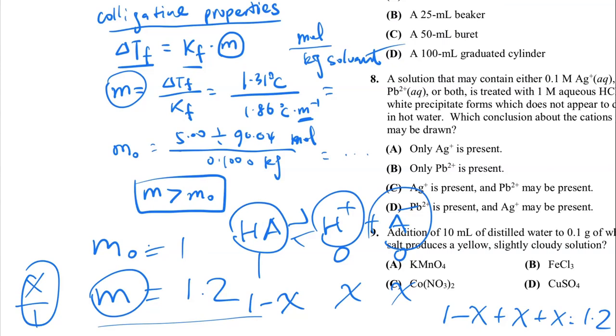Yes. So that would be X over 1 equals 1 minus X over 1.2. I would say it's X over 1, not X over 1.2, because the 1 is your original molality, right? And X is how much it is dissociated, right?